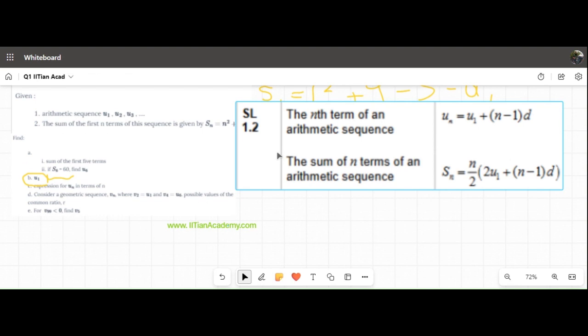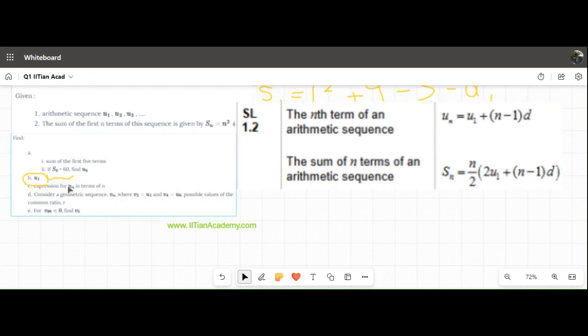So for our next question, we are asked to find an expression for un, where n is representing whichever term we're looking at, in terms of n. So we want the equation for each value in our arithmetic sequence.